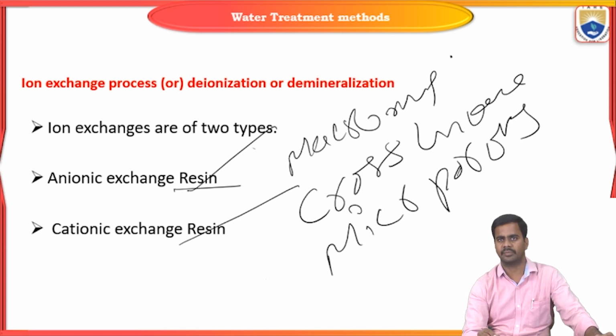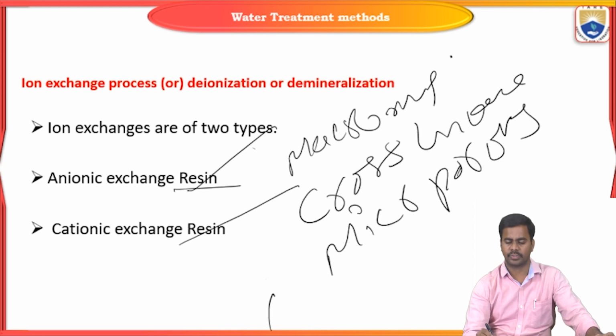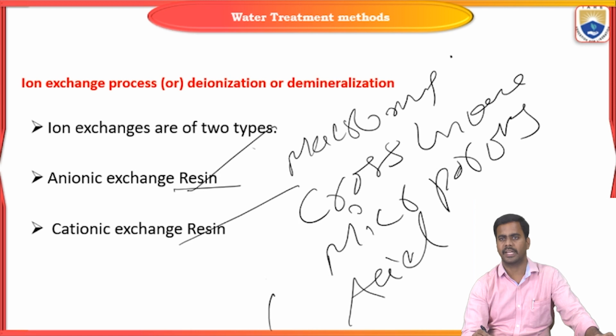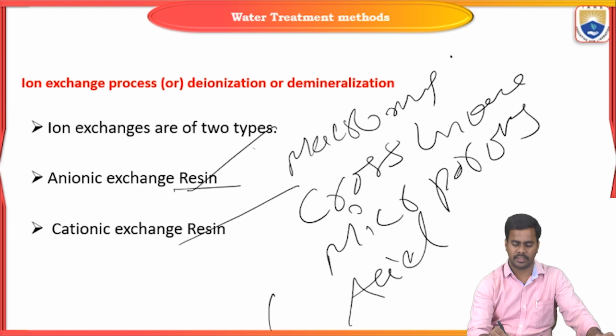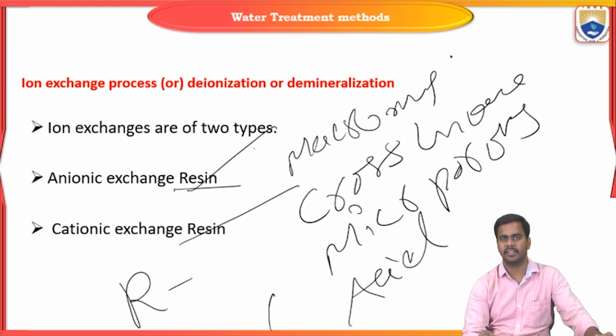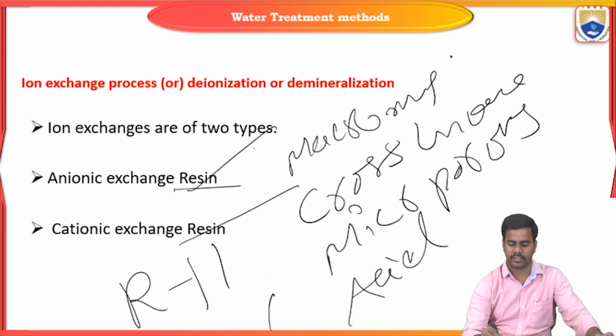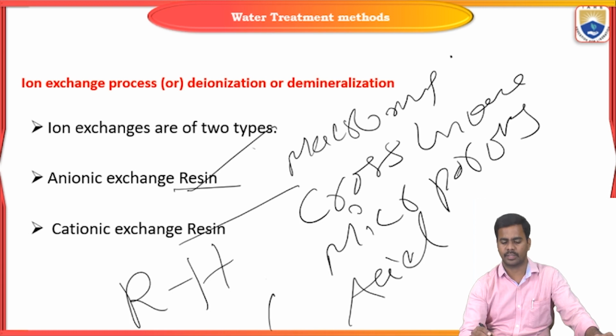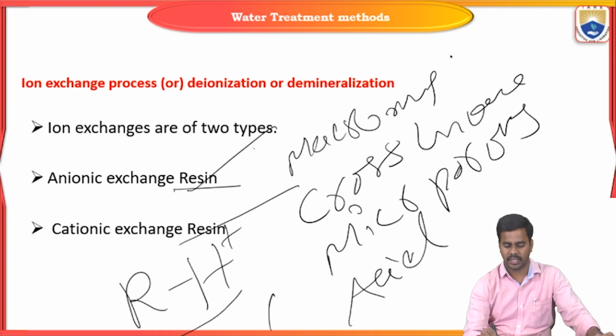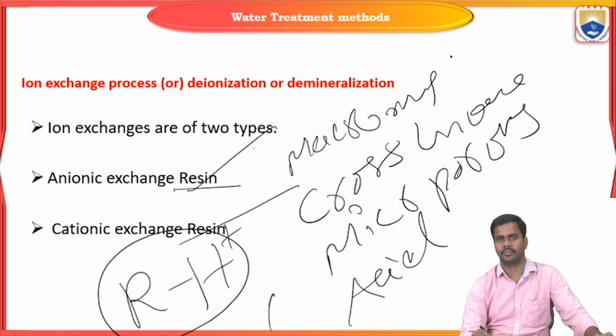A resin which contains acid functional groups is called a cationic exchange resin, RH. R stands for resin. We know that H+ is considered acidic, so this is a cationic exchange resin.